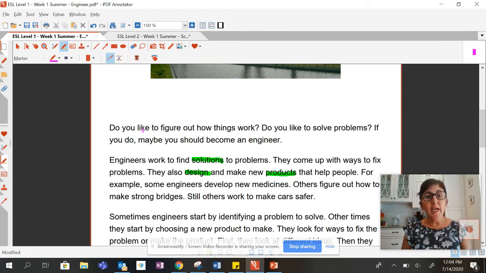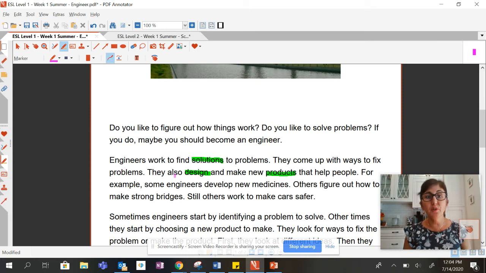Do you like to figure out how things work? Do you like to solve problems? If you do, maybe you should become an engineer. Engineers work to find solutions to problems. They come up with ways to fix problems.